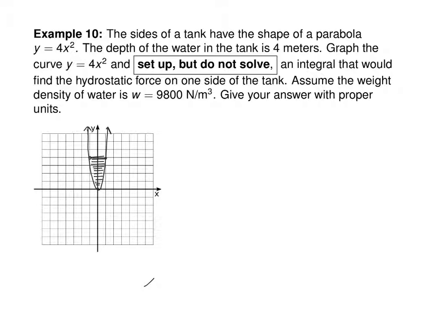And the general formula for the force was the weight density, w, so w is the weight density of whatever liquid you have, times the integral from some c to some d, times the depth, which they called h of y, and times the length of a slice.